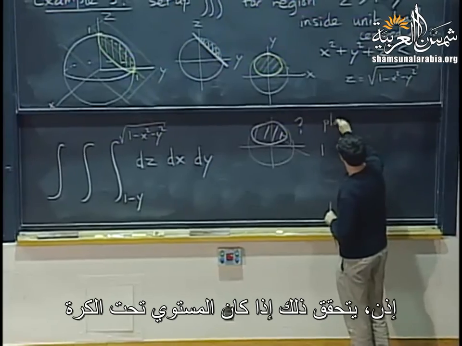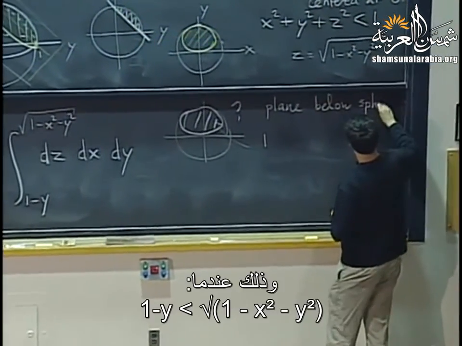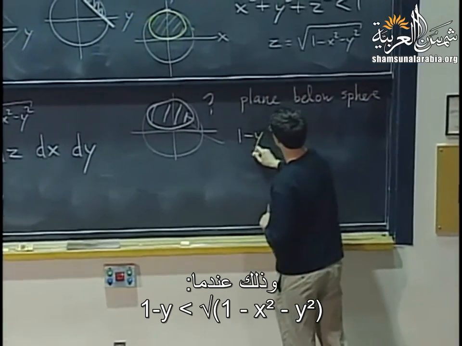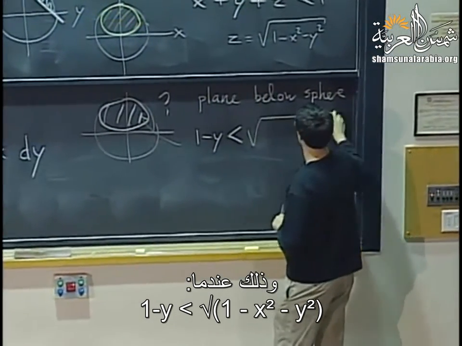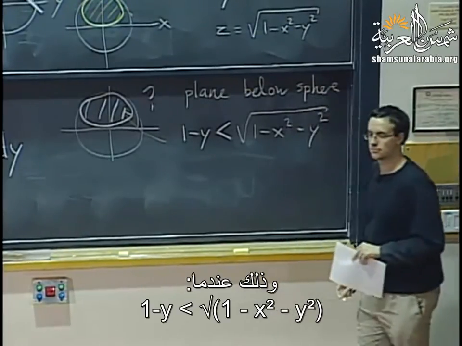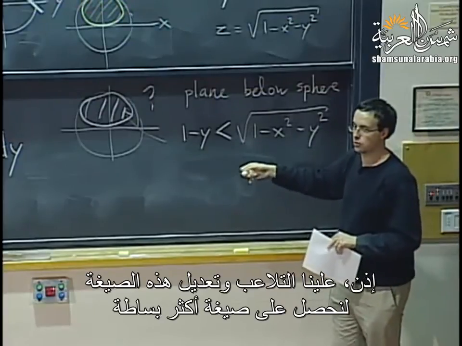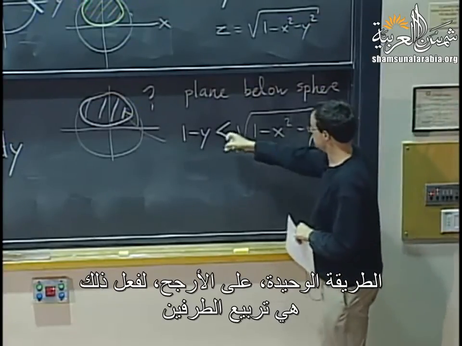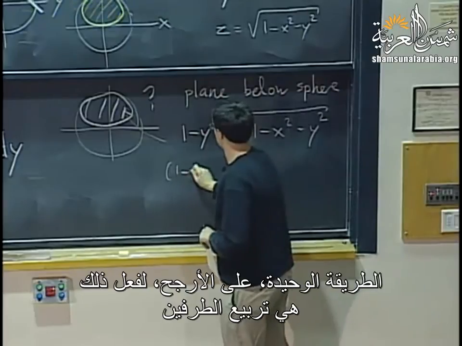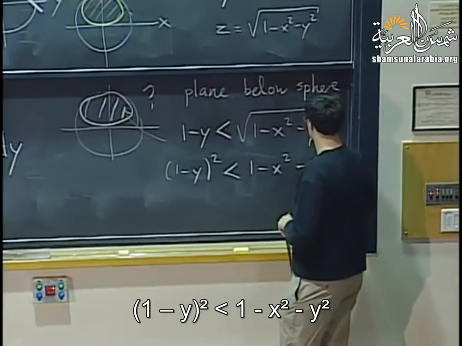So that's when the plane is below the sphere. That means 1 minus y is less than square root of 1 minus x squared minus y squared. So you have to somehow manipulate this to extract something simpler. Well, probably the only way to do it is to square both sides. 1 minus y squared should be less than 1 minus x squared minus y squared.